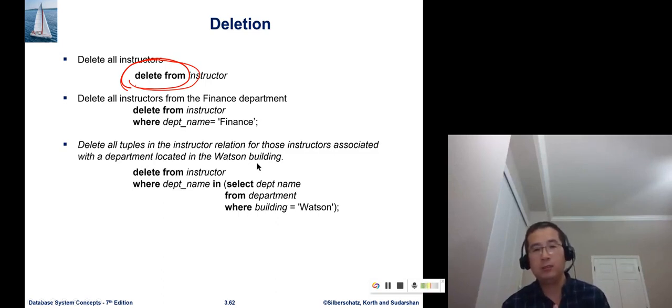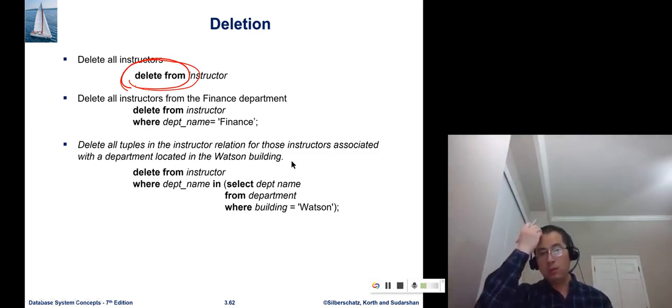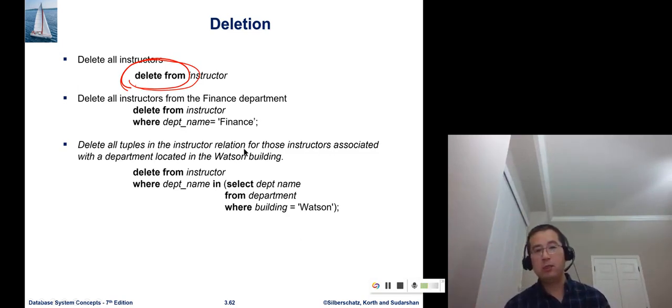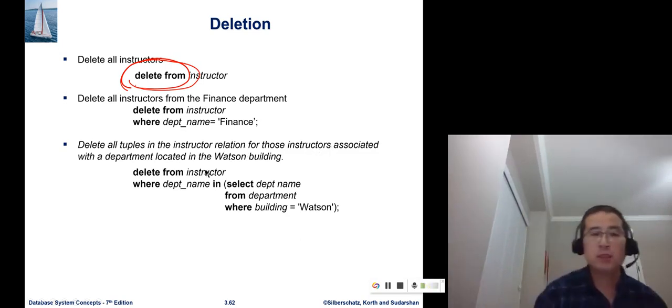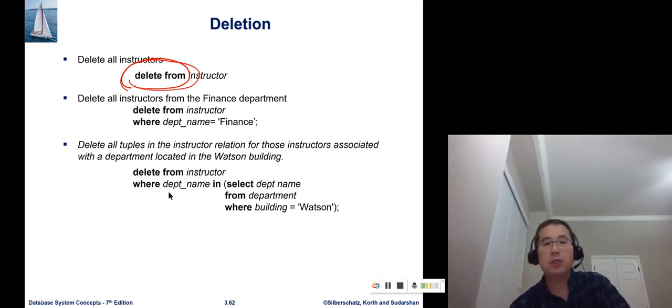So here, for example, all the departments located in this building will have all their instructors deleted. Okay? So delete from still the instructor table, and then the department name is in this set.